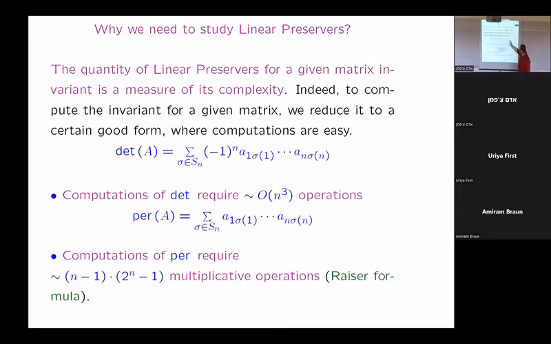This is about determinant. And if you look at a similar invariant called permanent, it looks even easier, but the situation is considerably different, because it is still an open problem whether there exists a polynomial algorithm to compute permanent.